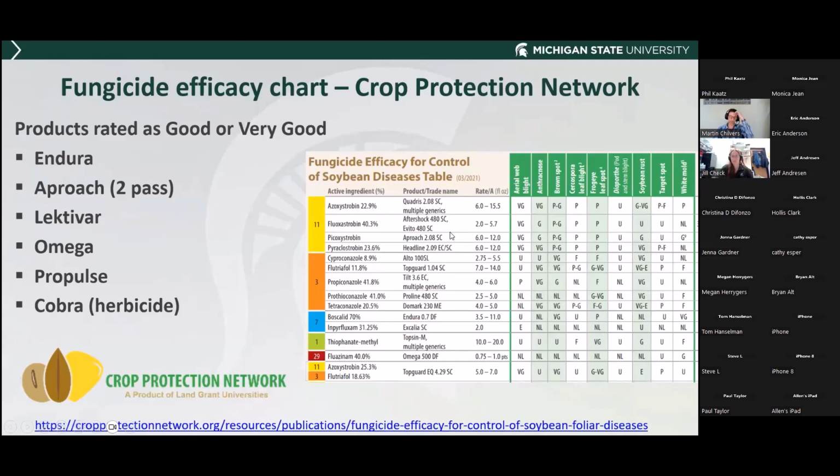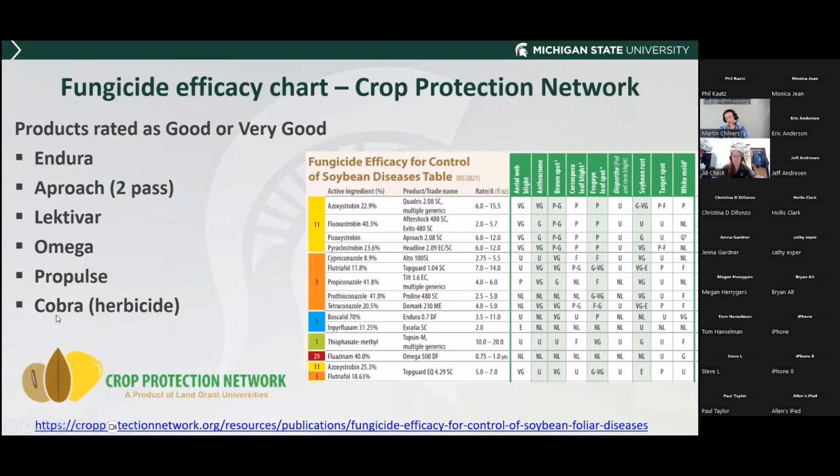Every year we will look at the various fungicide products that are out there and provide you a ranking for those: either excellent, very good, good, or poor if they don't have very good performance. In addition to Endura, we have seen two passes of Approach, Lectivar, Omega, and Propulse be reasonable white mold suppression products.